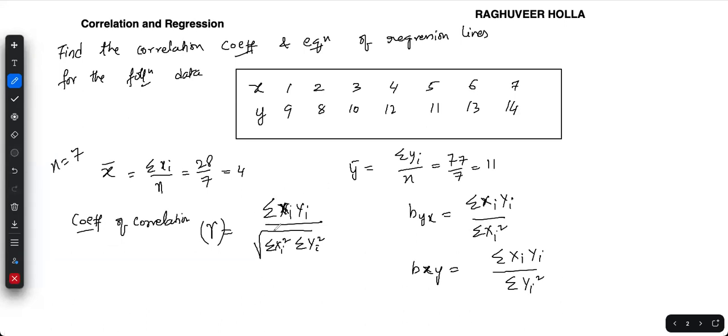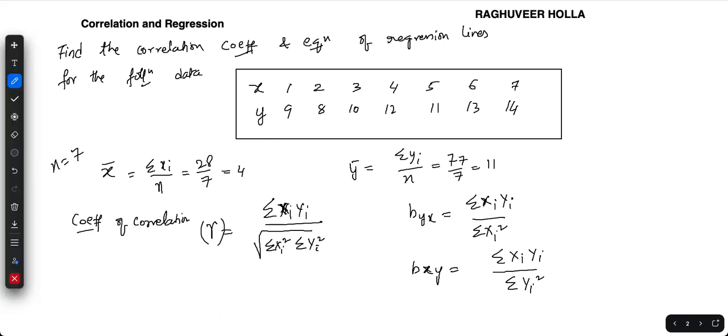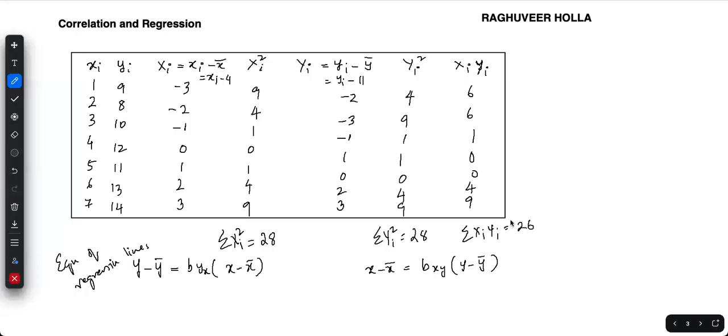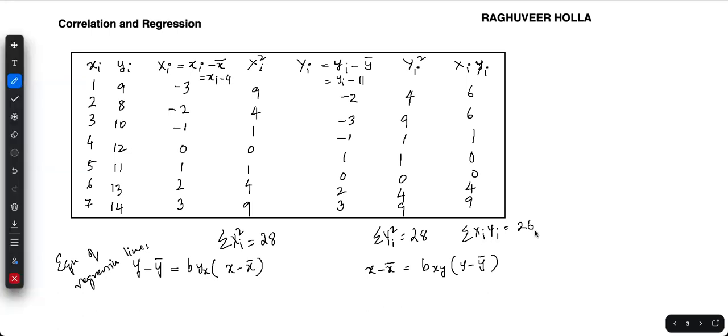The formula corresponding to this. So let us form the table now. Look at this data. So we got xi square and yi square, which are the same, and the summation of xi and yi.